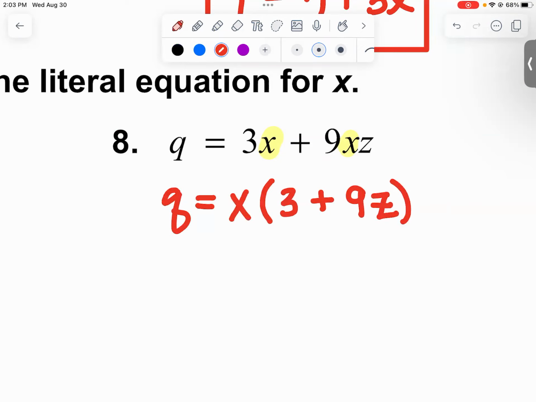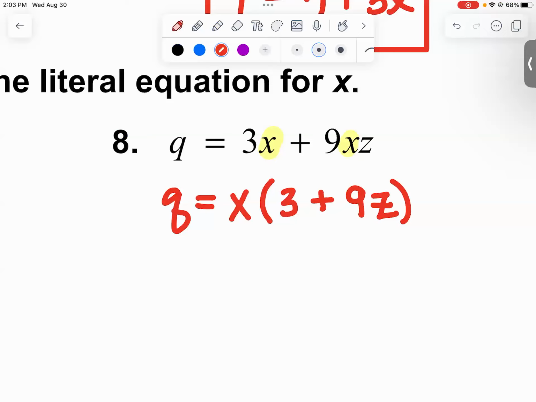Okay, write it down. Just write it down. What I did is I said, okay, both of these terms have an x. So I'm going to rewrite this as a distribution problem. If I distribute x through, I get back to here.